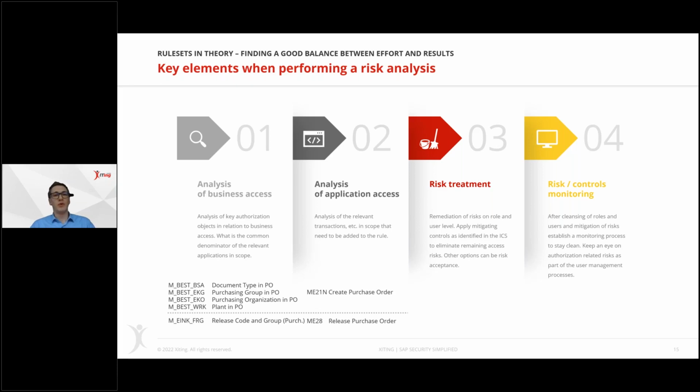Executing that in the QA system might be an option, but our customers always struggled a bit with the false positives they had when they were already using a rule set and executed a risk analysis regularly. False positives means somebody might have access to the transaction but can't do anything within the transaction.